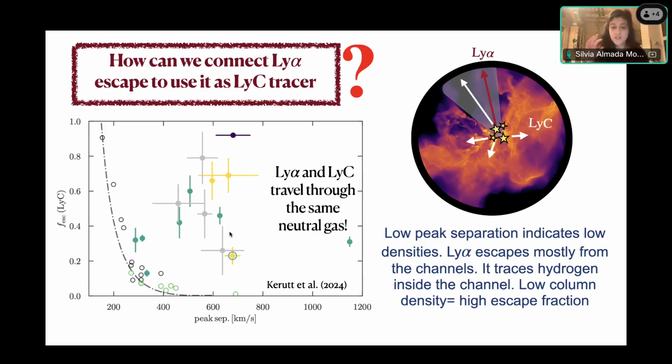But with this new transmission enhancement, it's much easier to allow the channel to be a little bit larger. So of course it's going to change depending on where you see it, but this still holds.